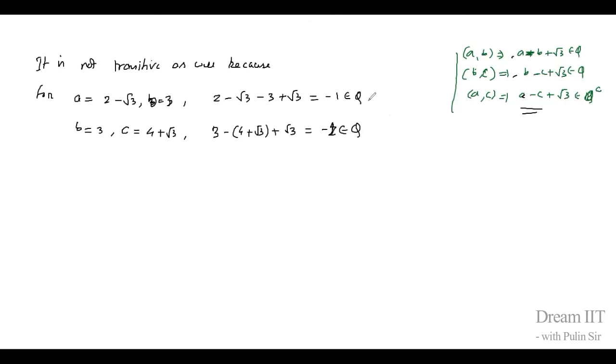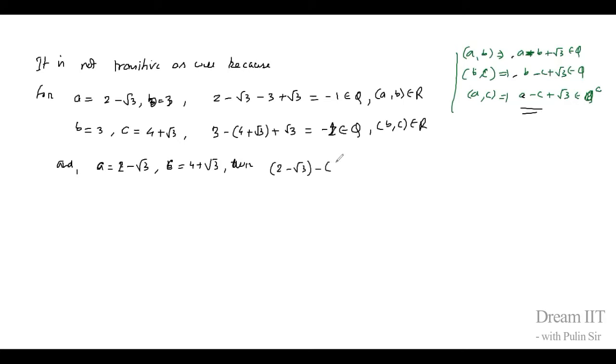That means here I can write the conclusion also that A comma B belongs to R, then B comma C belongs to R, and now I have to talk about A. A is 2 minus root 3, and C is 4 plus root 3. Then what do we say about their differences?